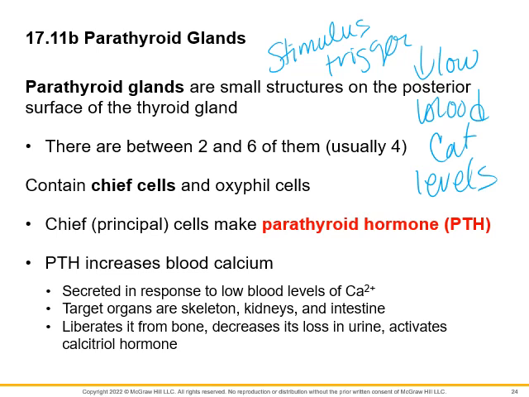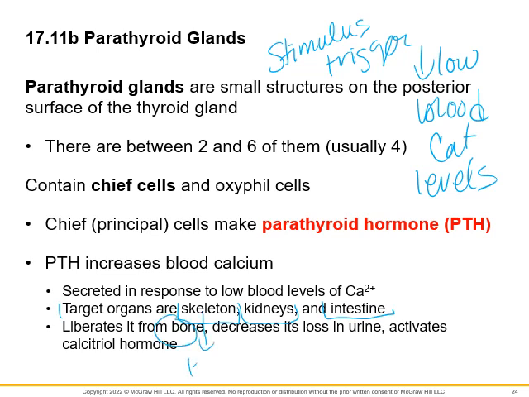So if your blood calcium levels are low, it's going to cause the parathyroid gland to release the parathyroid hormone. And you're going to see 3 targets here. So the target organs: bones, kidneys, intestines. Basically, you're telling your bones, I want you to break down bone and release calcium.